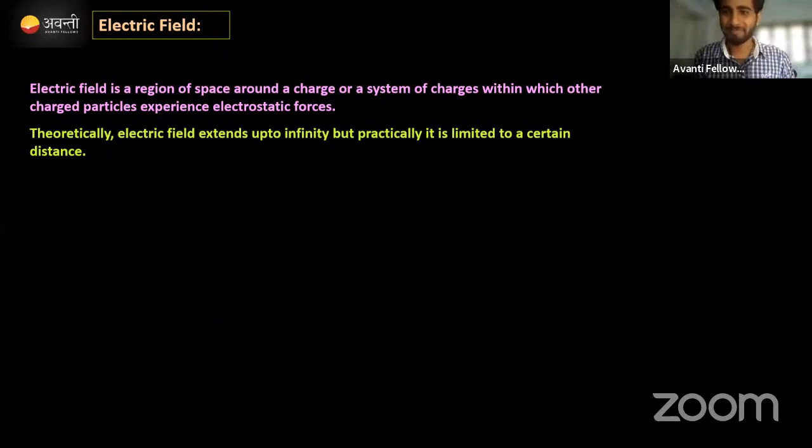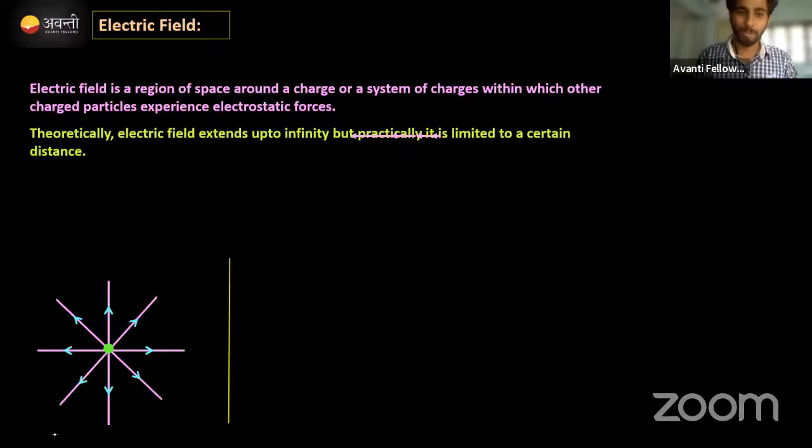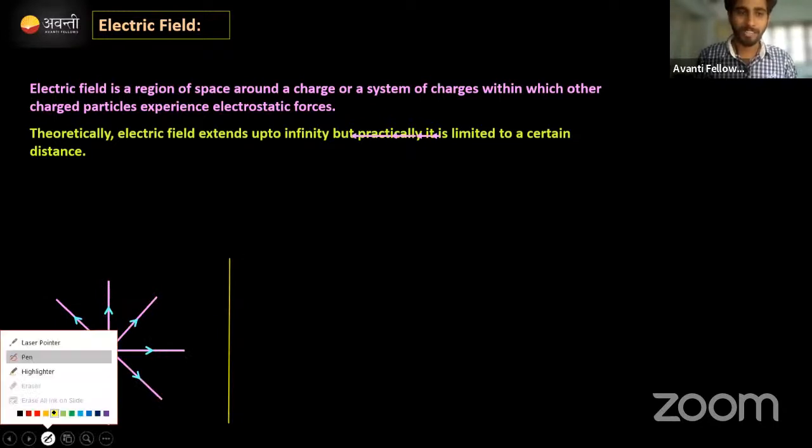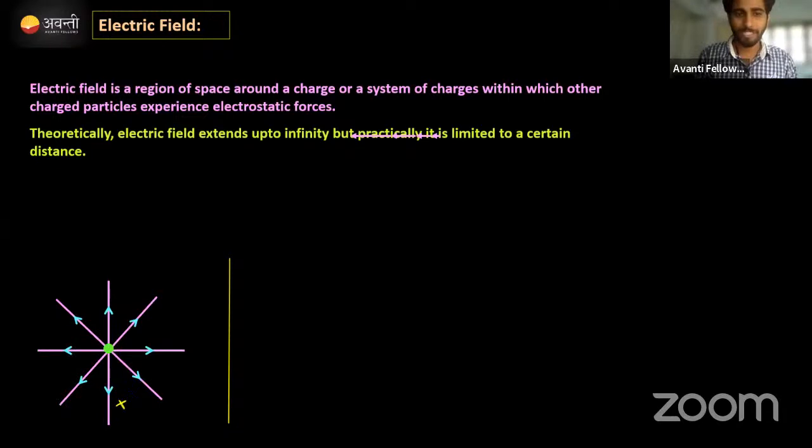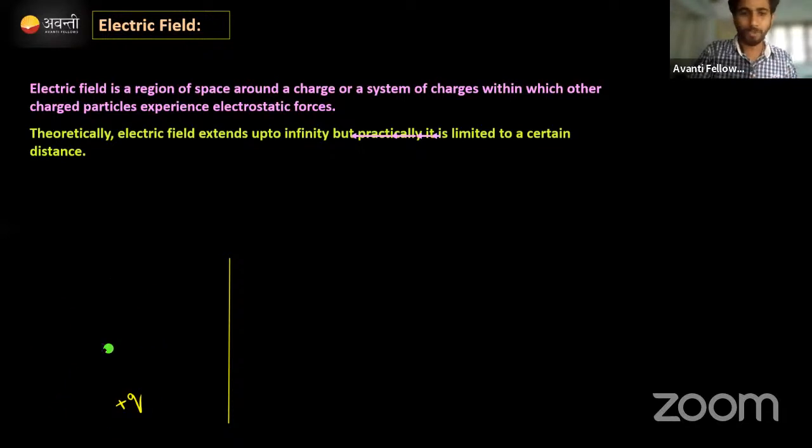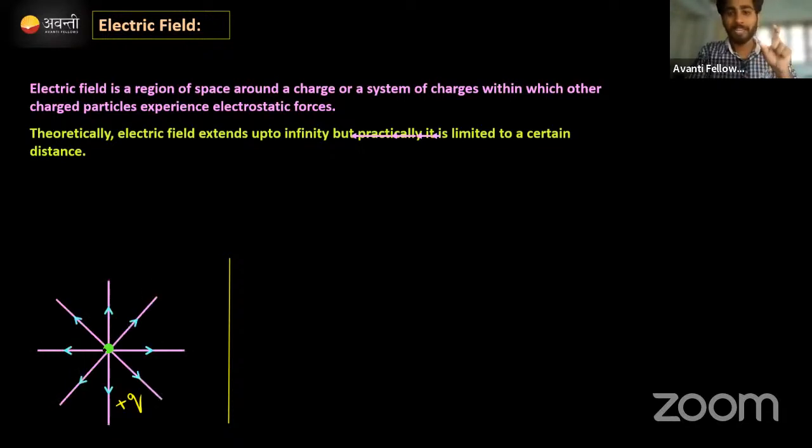Cool. Well, okay, how does it work? Look here. If it is a positive charge, the field lines will be moving away from the point source. If you take this as a source charge, the field lines are moving away from the point charge.